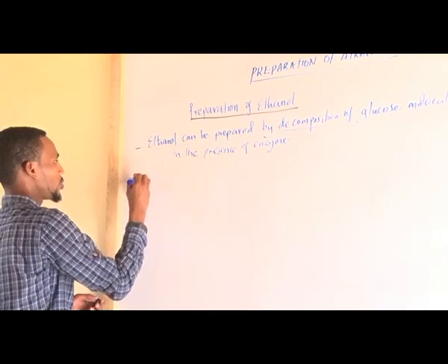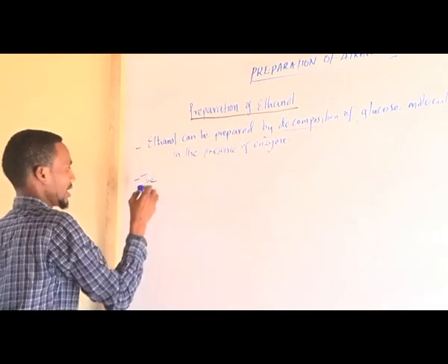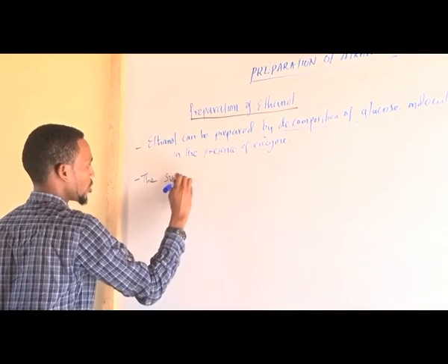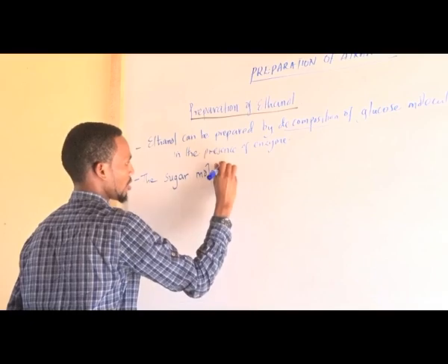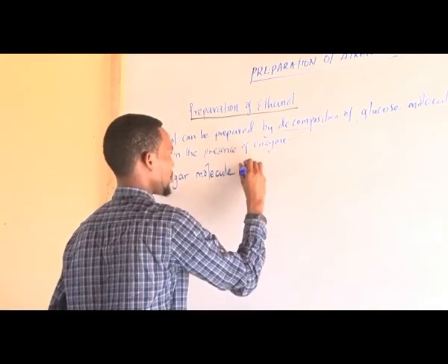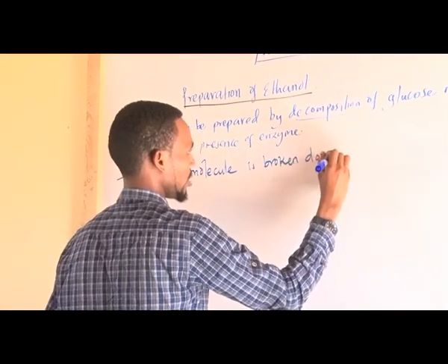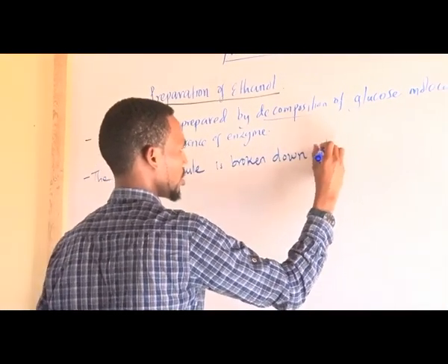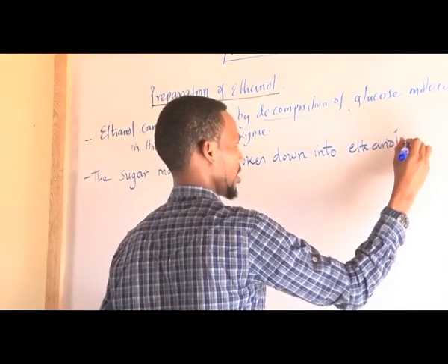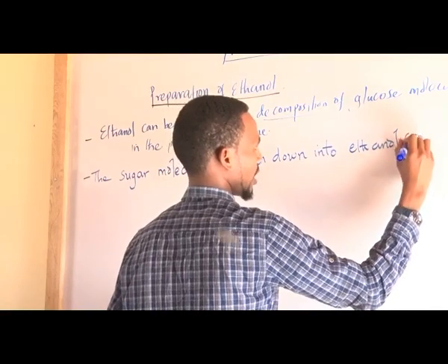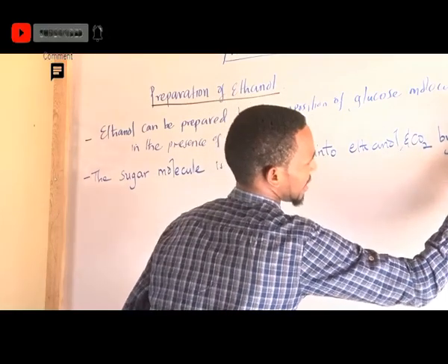The sugar molecule, remember, glucose, is broken down into ethanol and carbon dioxide by the enzyme in the yeast.